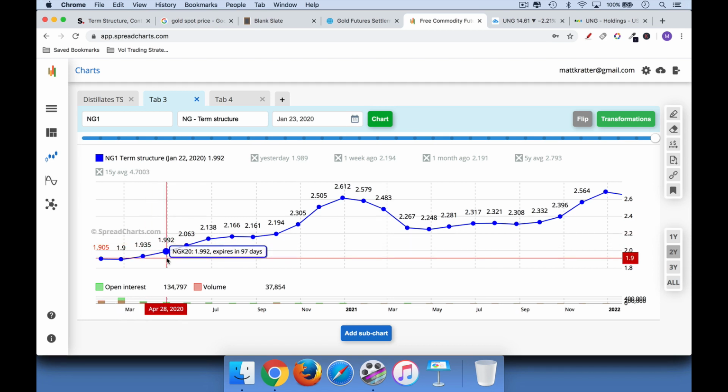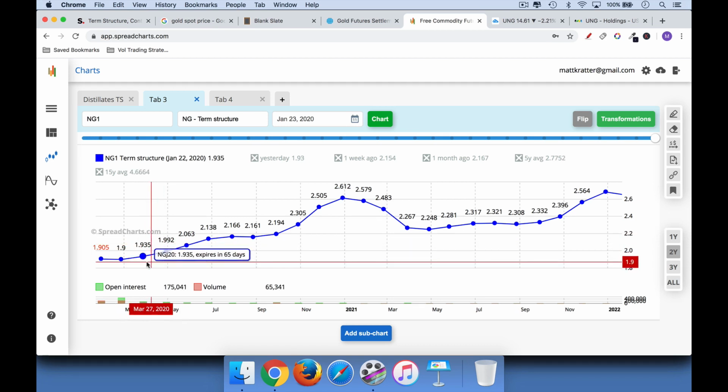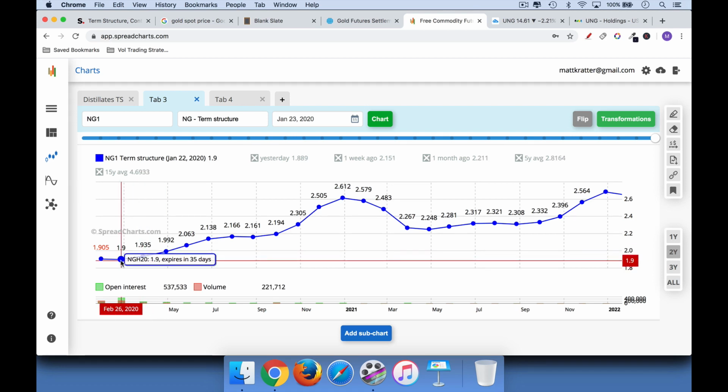Instead of being long the March contract, it says February down here, but it's actually the March contract, they're going to be long the April or the May contract.